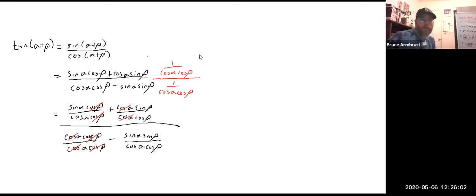So what we're left with then, once we do all that simplifying, we have sine of alpha over cosine of alpha plus sine of beta over cosine of beta. On the bottom, I've got 1. Since everything over here canceled, I'm left with just 1. And again, I've got sine alpha, sine of beta, and that's over cosine alpha, cosine beta.